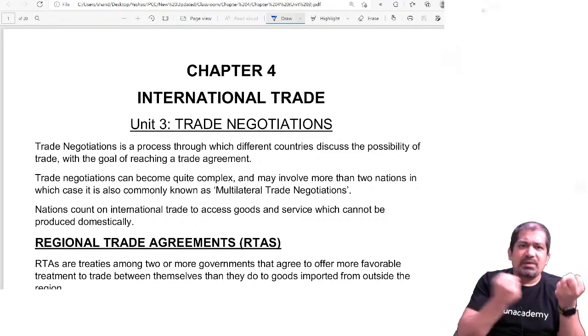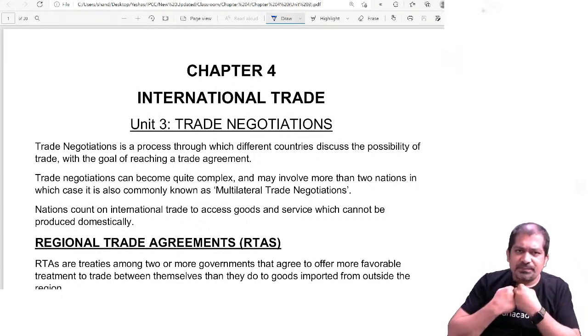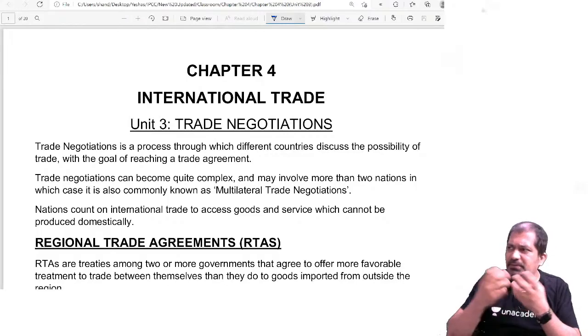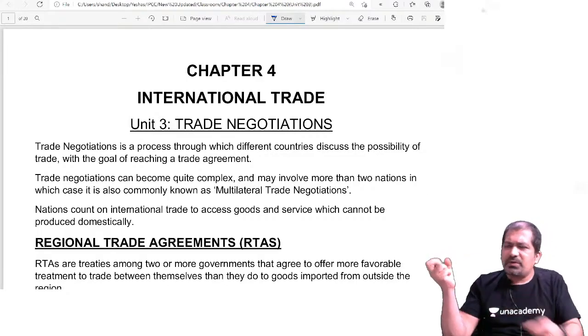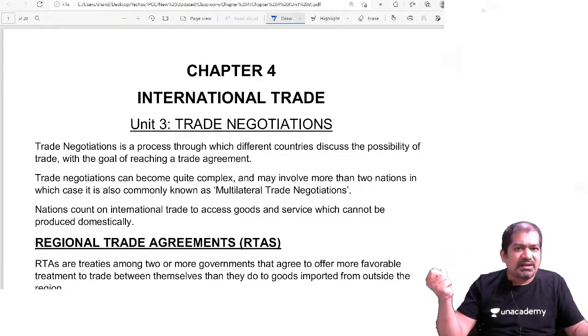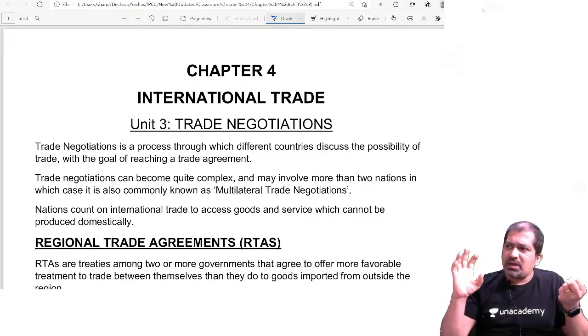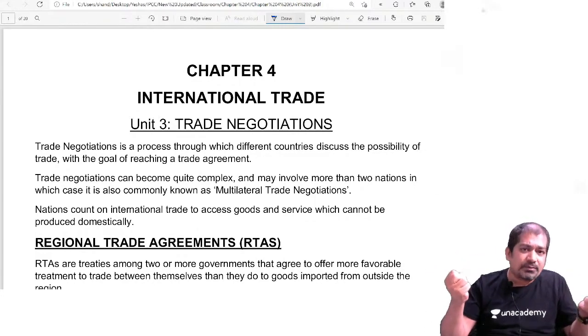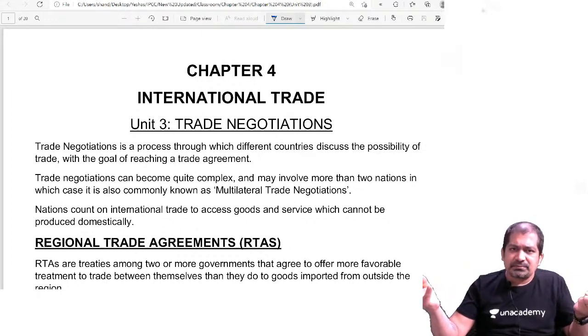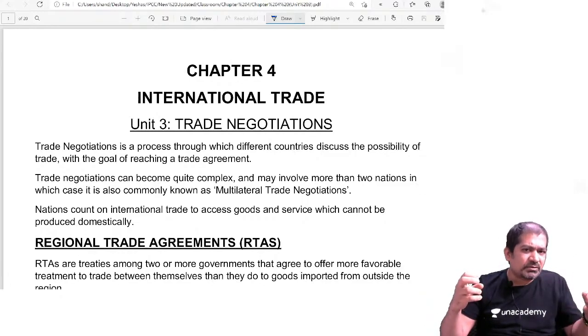There can be an agreement between two trading blocs as well. For example, there could be an agreement between BRICS and G8. There can also be an agreement between a country and a bloc. For example, India and APEC.